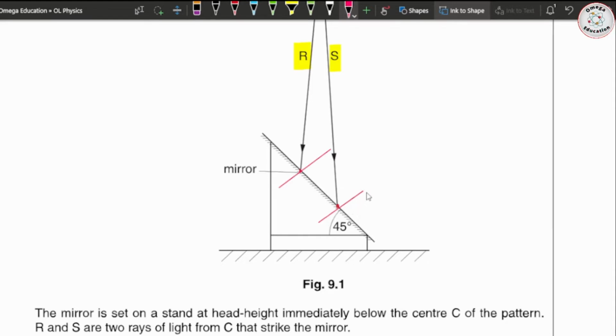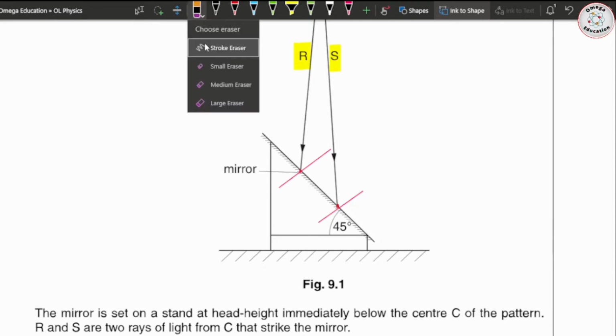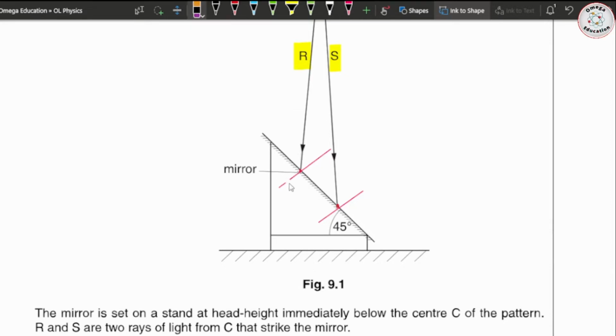All right, and these two lines are represented by a dotted line, so we'll make this one dotted. Let's assume that these two lines are normal lines and they are at 90 degrees with respect to the surface. After you have drawn the normal line, the next thing is to draw the reflected rays.